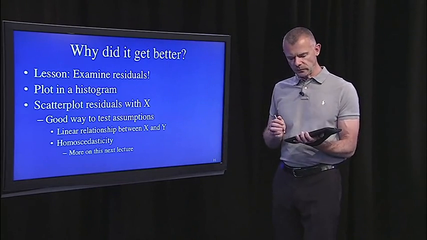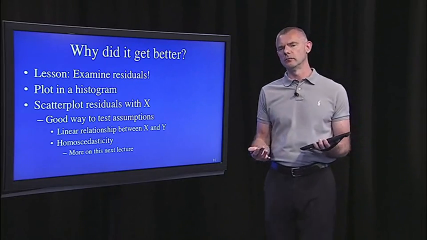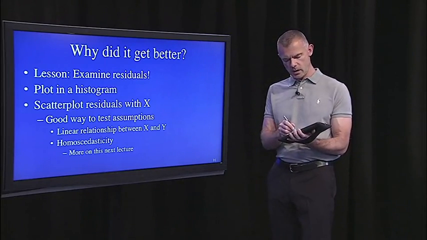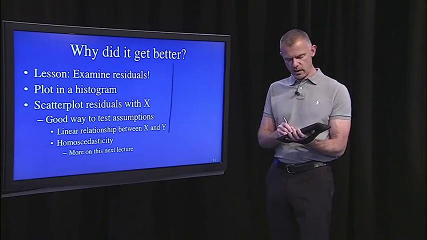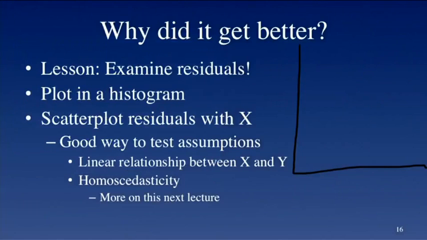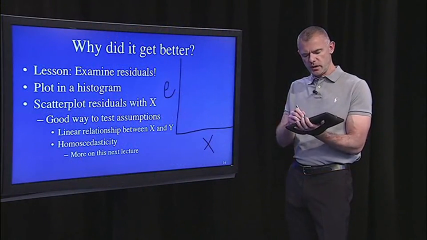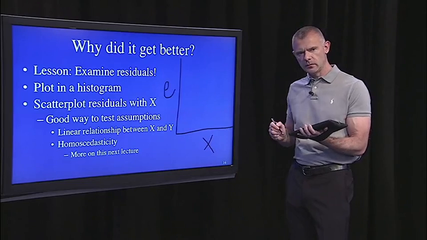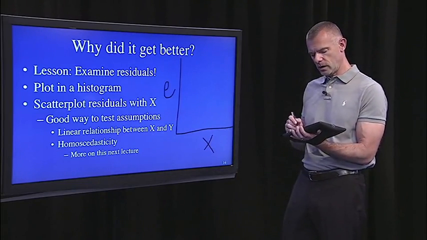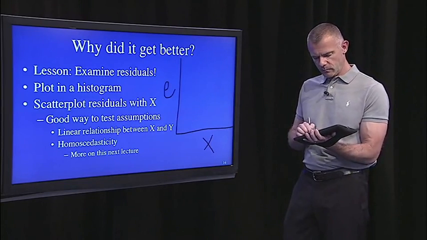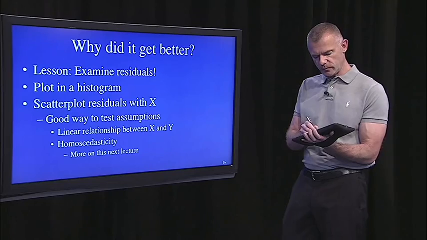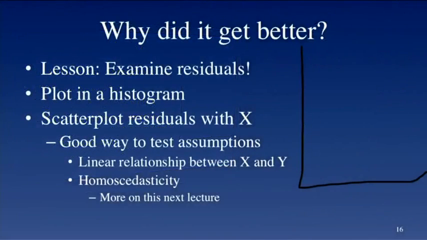Another thing we can do is think back to the correlation chapter or lecture. We could plot a scatter plot where we look at x and the residuals. And here we shouldn't see a relationship between x and the residuals. They should just be sort of all over the place. There shouldn't be a function relating those two. If we did see a relationship, that would suggest something like heteroskedasticity.